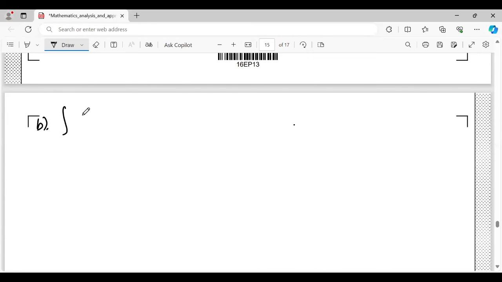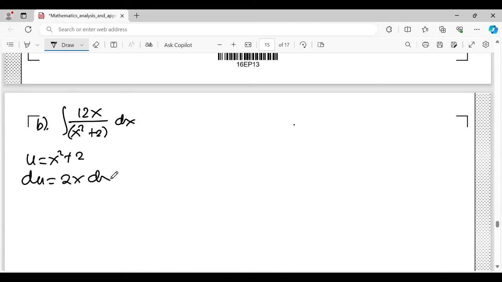B, the integral of 12x over (x squared plus 2) cubed dx. By substitution, u equals x squared plus 2, so du equals 2x dx, or 6 du equals 12x dx.